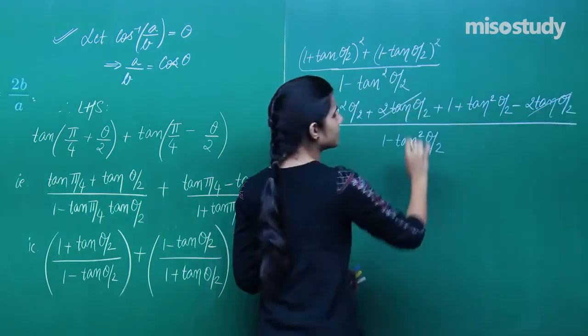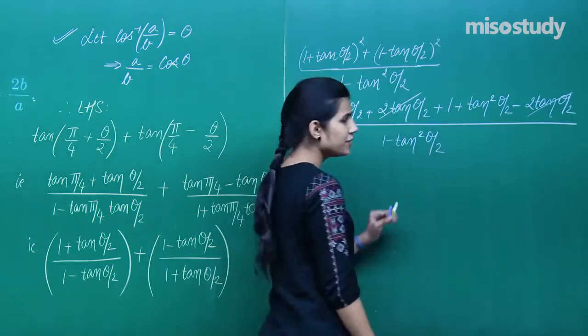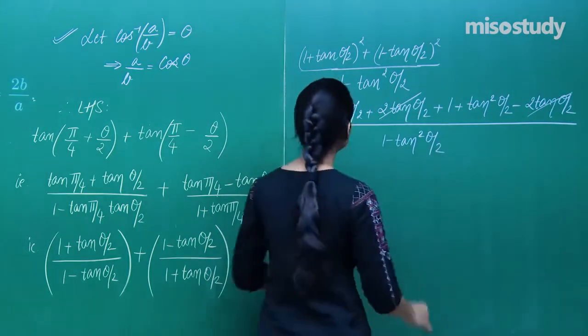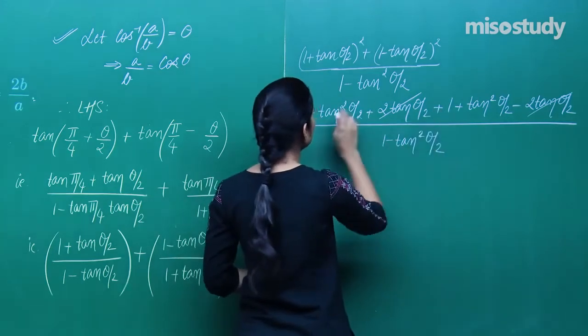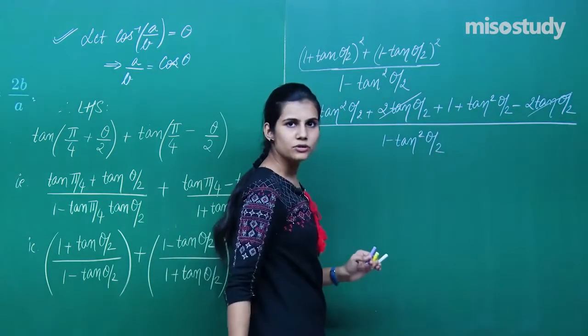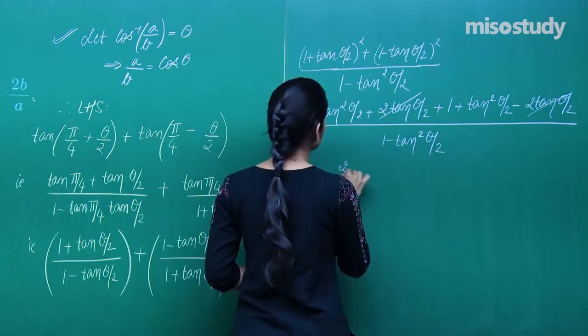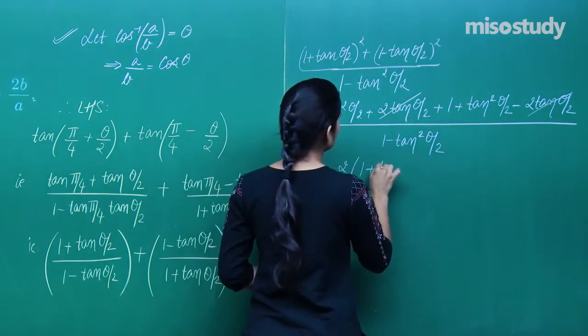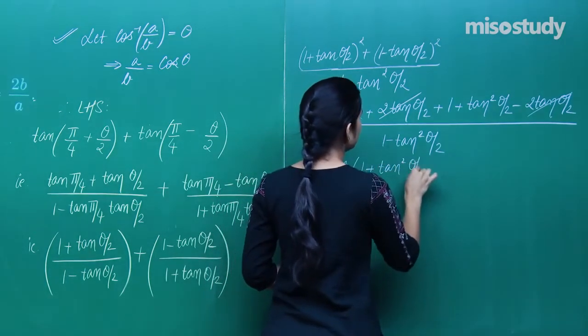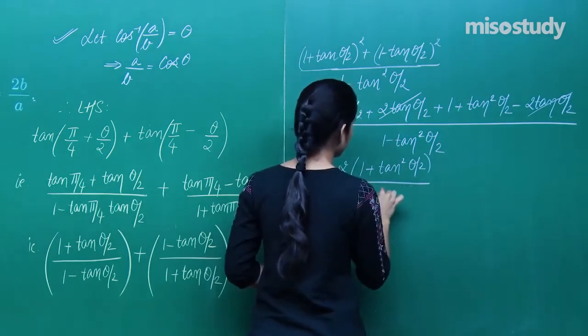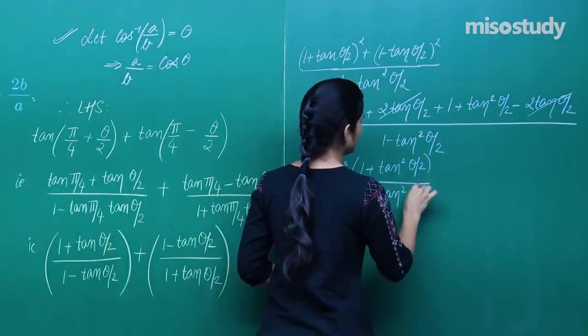Clearly this gets cancelled out. Now that we have this long expression, in here you can see 1 plus 1 is 2, tan square theta by 2 plus tan square theta by 2 is twice of tan square theta by 2. So, 2 comes out common, 1 plus tan square theta by 2 whole upon 1 minus tan square theta by 2.